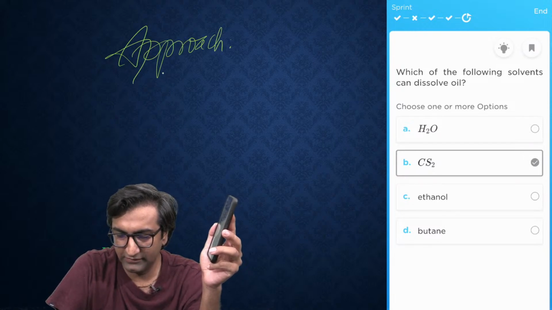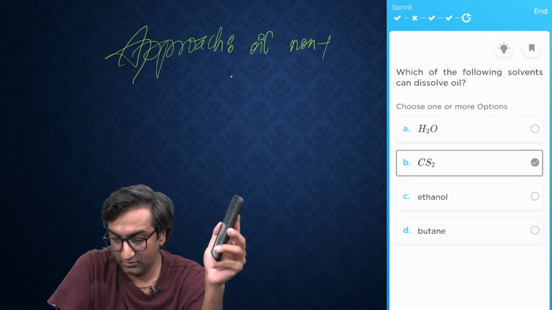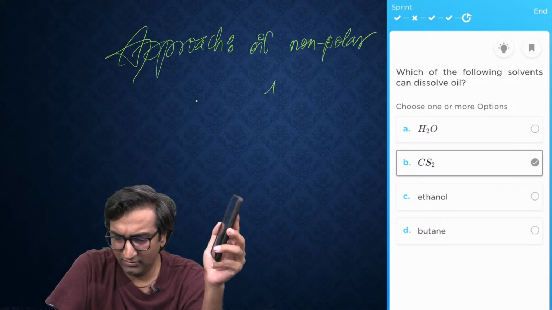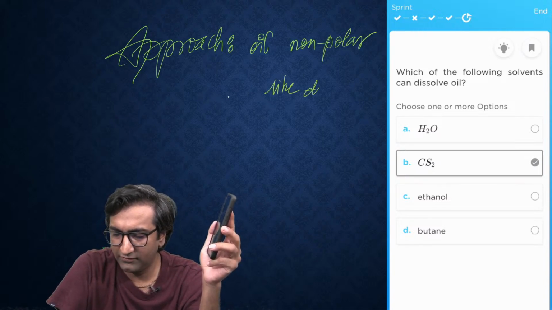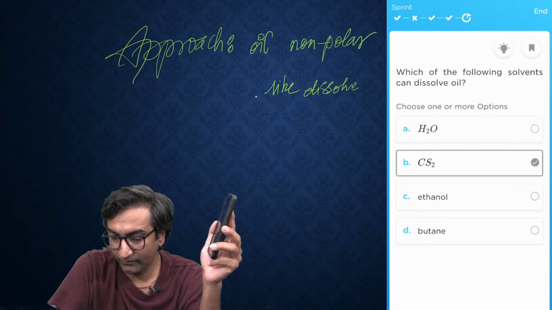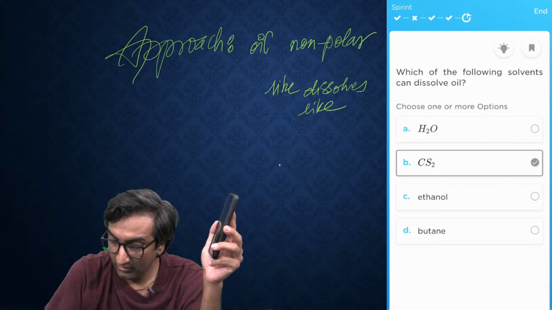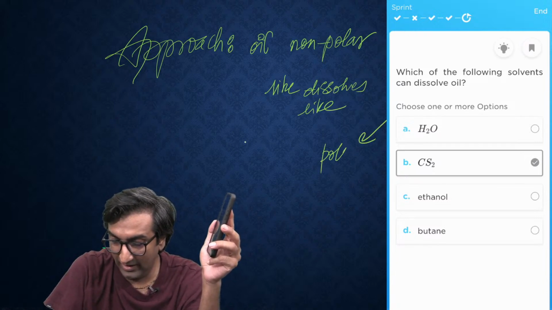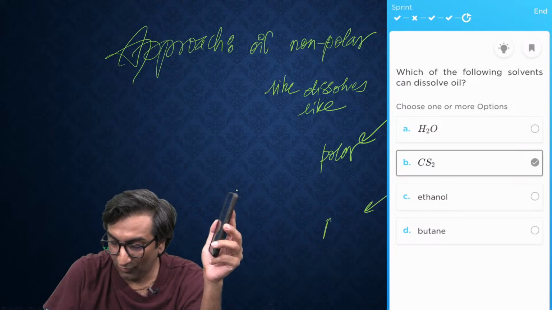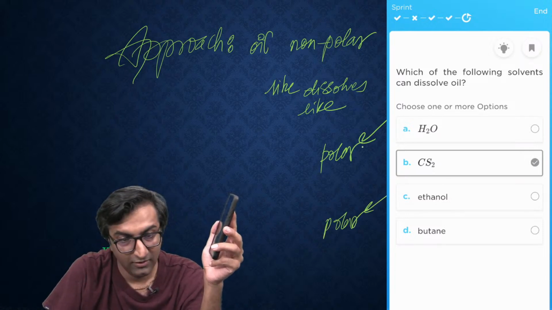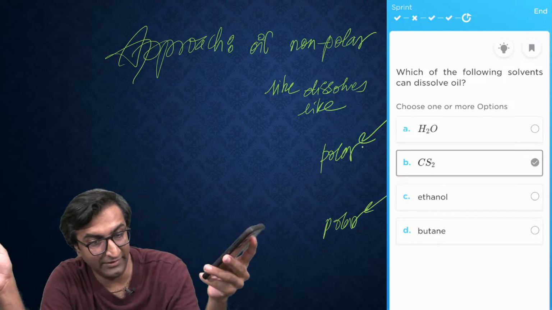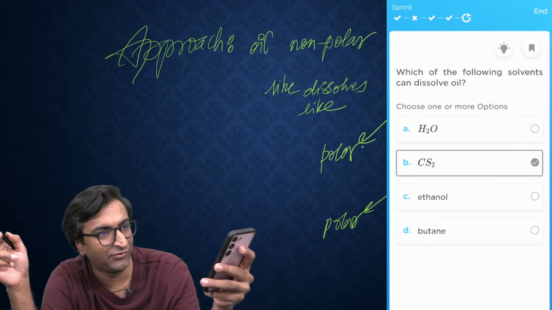The approach here is that oil is non-polar. And let's go with the whole like dissolves like thingy. This is clearly polar. This is also polar. So I agree with Seth when they say B and D. Yes, JM, absolutely right.